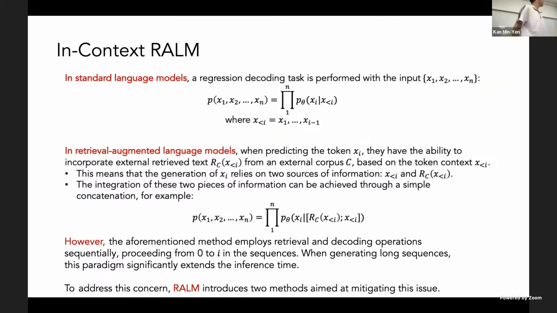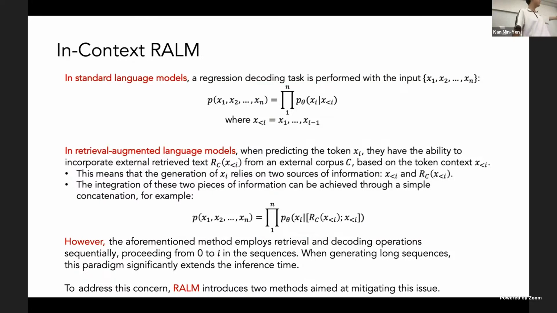And also in this work, there is quite a lot of math here, but it's quite simple. The first equation is that in the standard language model, it just predicts the words one by one. That's the concept.